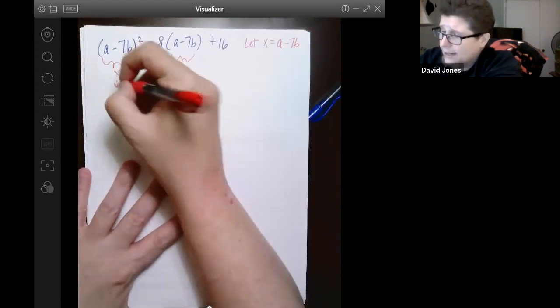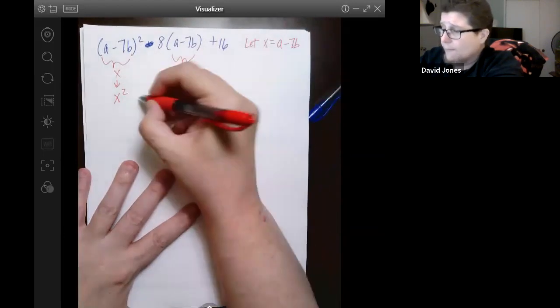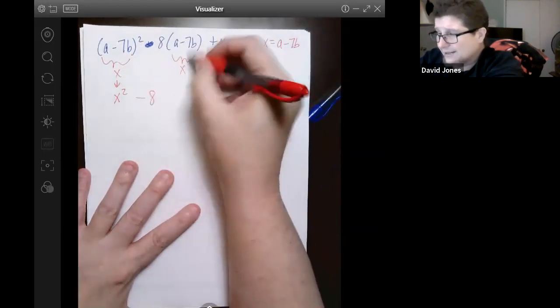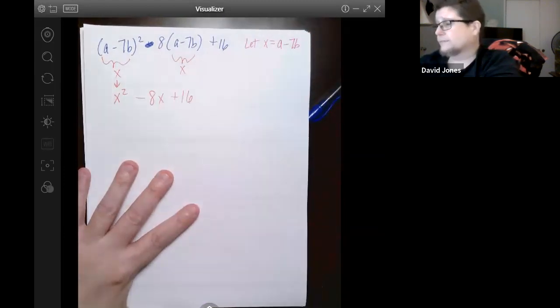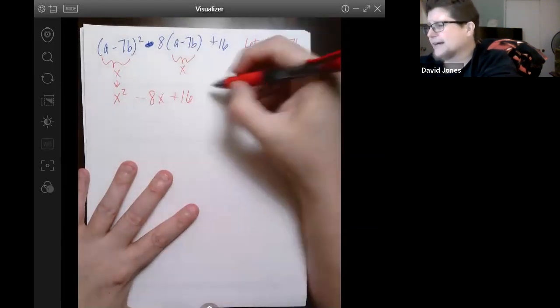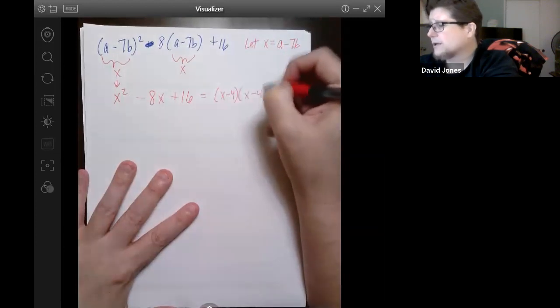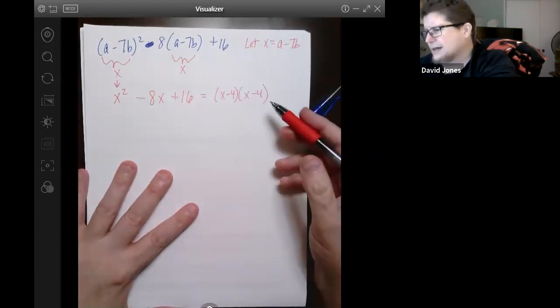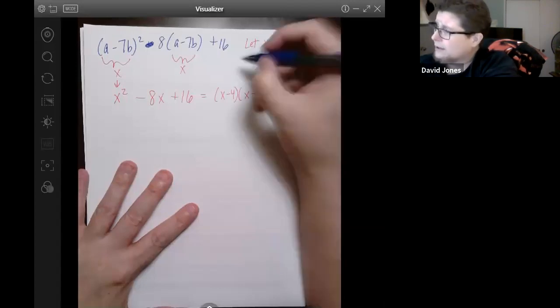And I get x squared minus 8 times x, and then plus 16. And when you go through and factor this, you'll get x minus 4 times x minus 4. At that point, plug the x back in.